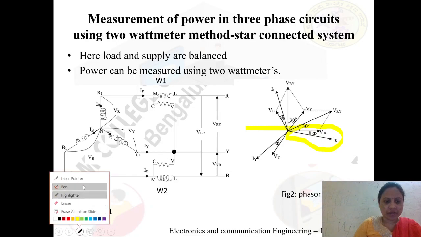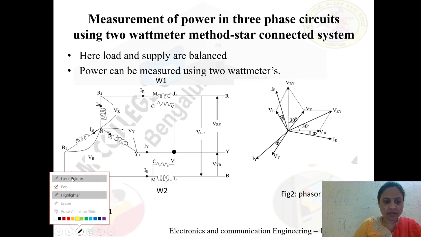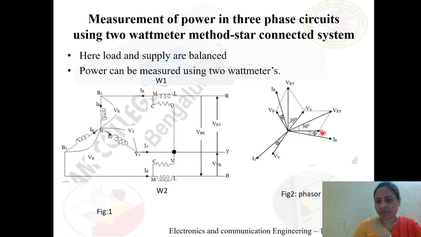Right. Now similarly, we can also see the other phase voltages and phase currents. Considering the phase voltage Vy, Iy lags Vy by an angle phi. Similarly, for the phase voltage Vb, Ib lags Vb by an angle phi.